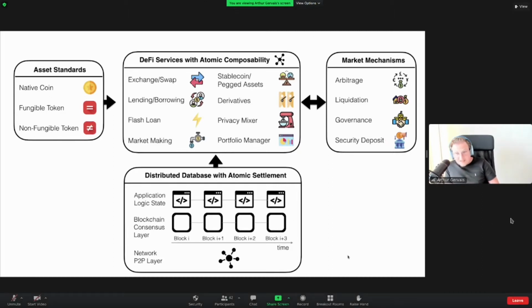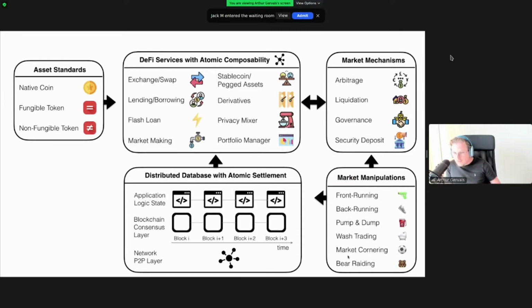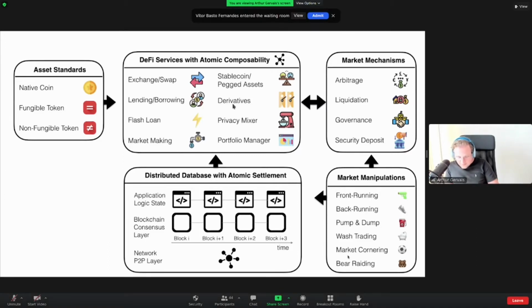And just like in traditional finance, speaking of security, there are a lot of very smart and talented people coming up with novel market manipulation techniques, right? These are, for example, front or back running, pump and dump, and many others. So the talk today will be mostly focusing on front and back running market manipulations. I hope to have given you a good overview here of where we are in the DeFi space.